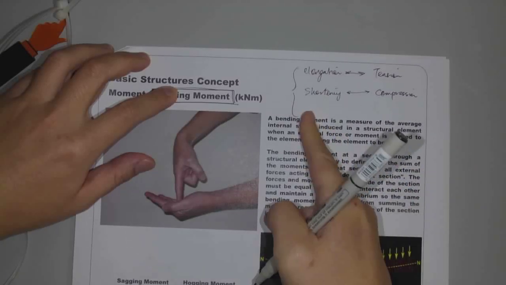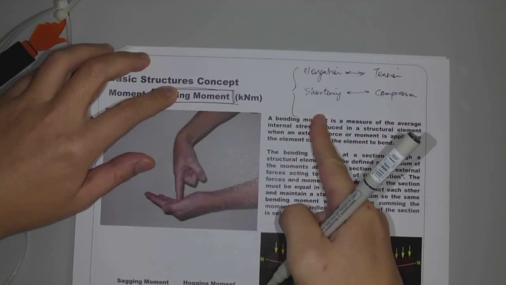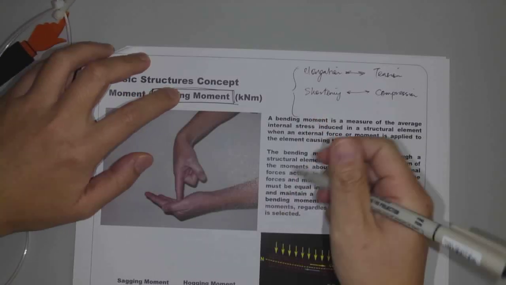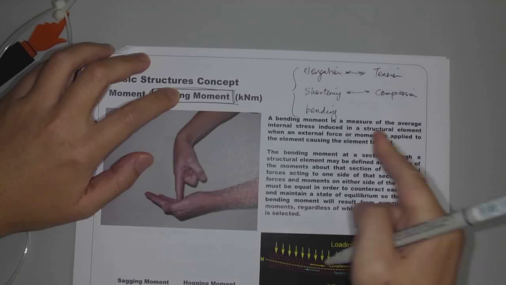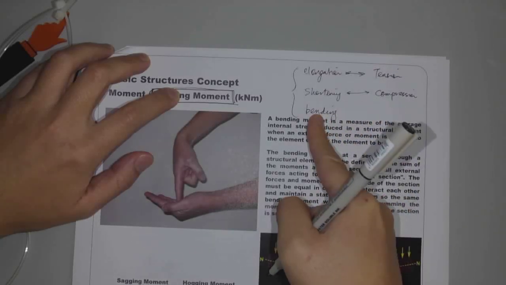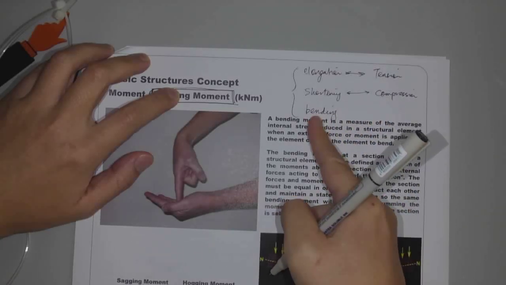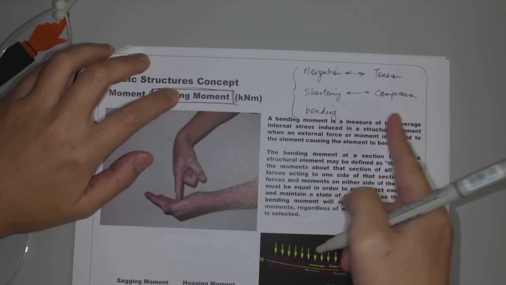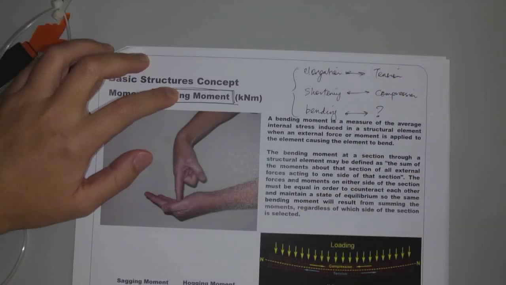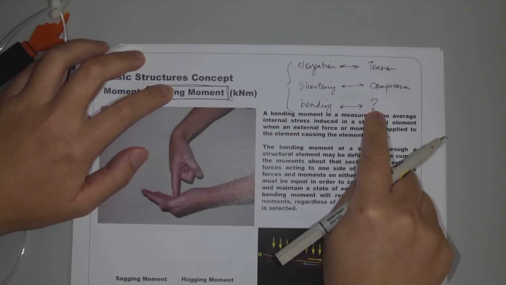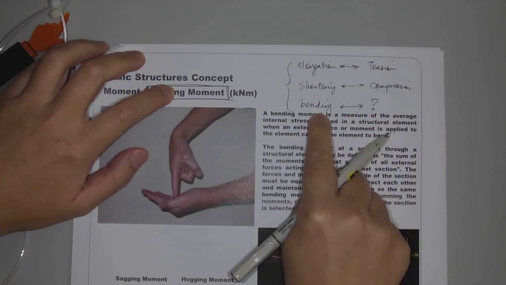Then the next one on the list is, what about if it bends? 咁彎曲咗呢? What causes bending? And bending is due to what? So to fill in the blanks now, it's bending.